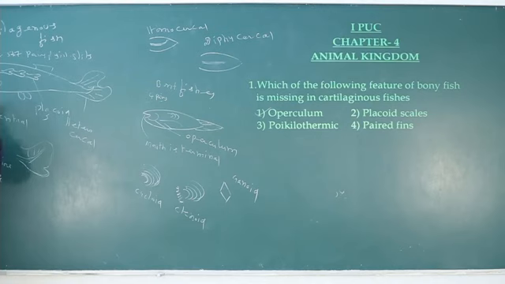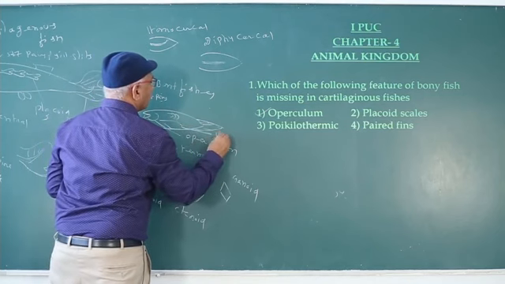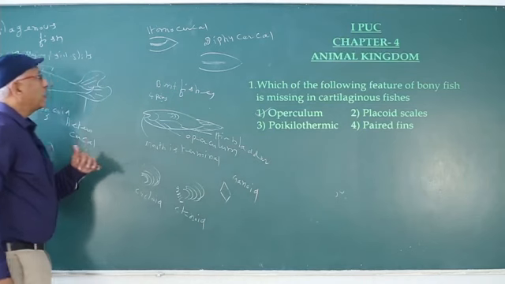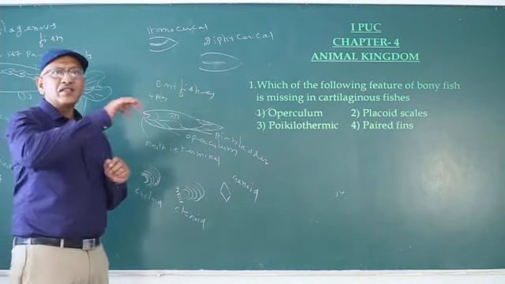Next one is air bladder. Air bladder present in bony fishes, absent in cartilaginous fishes. Due to absence of air bladder, they continuously swim in water in order to remain at the same depth.